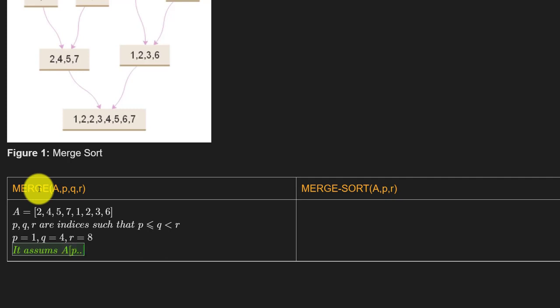So if I just write something like this, this is p to q, this will be sorted, as well as a q plus 1, that means from this element, the fifth element in our case, to r.